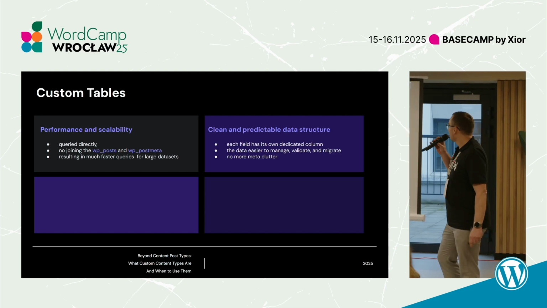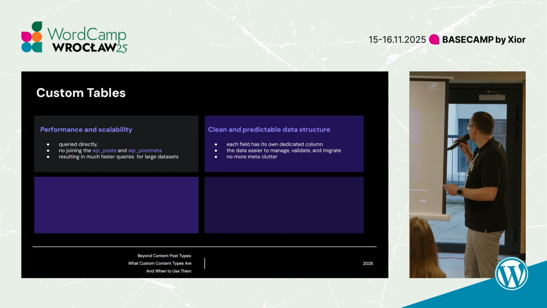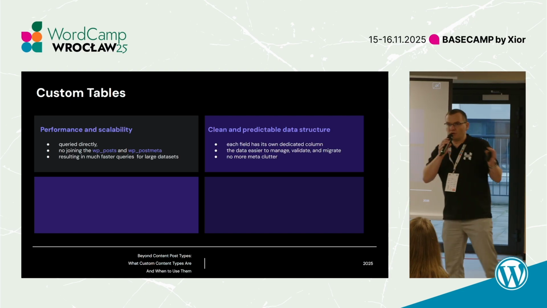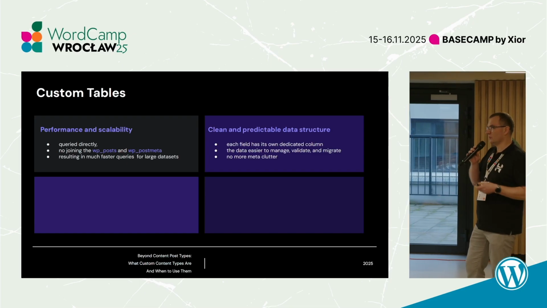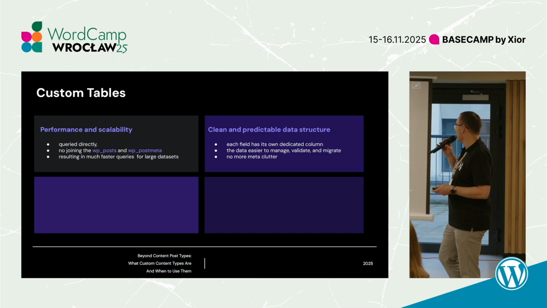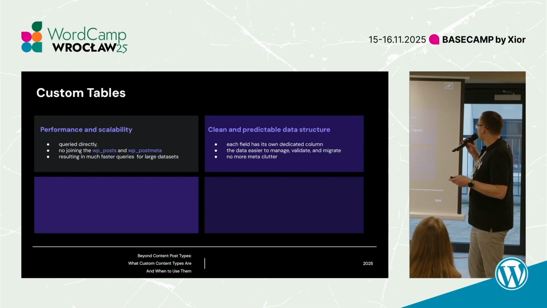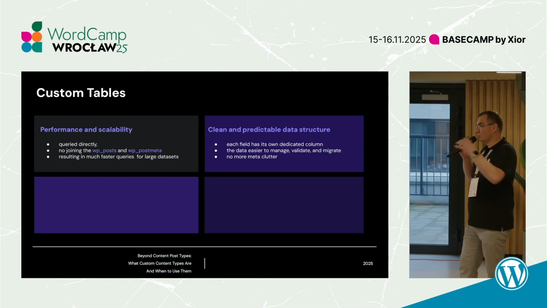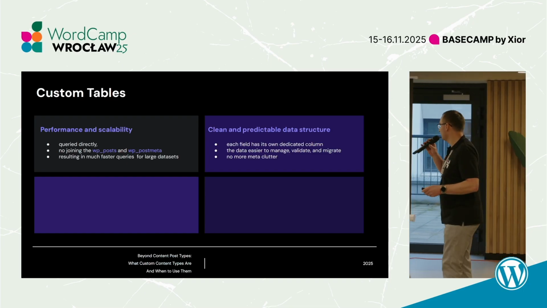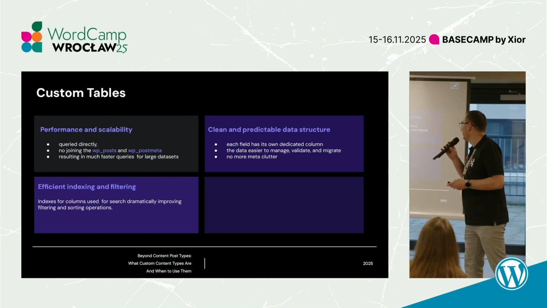Another advantage: a clean and predictable data structure. Each field has its own column, and we can define the type of the column, so it's a number or something else. So it's also easy to manage, validate, migrate, and import any data to this table. It's quite easy, and no more meta clutter.